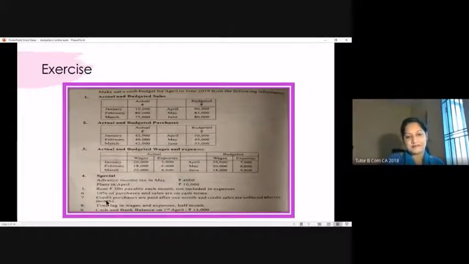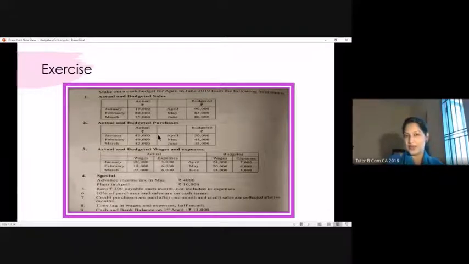Then the next adjustment given to us is that 10% of purchases and sales are on cash terms. So when we look at the budgeted sales and purchases, the particular organization has a habit of collecting 10% of sales value, as well as paying 10% of purchase value, on a cash basis.